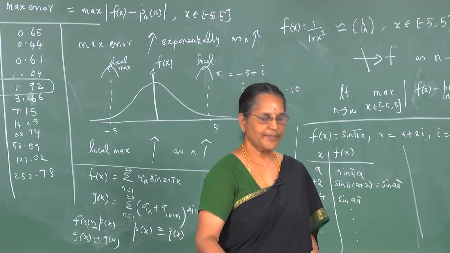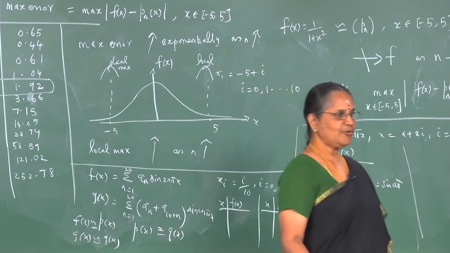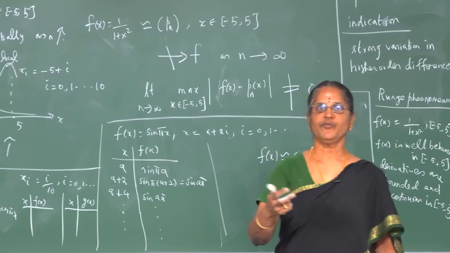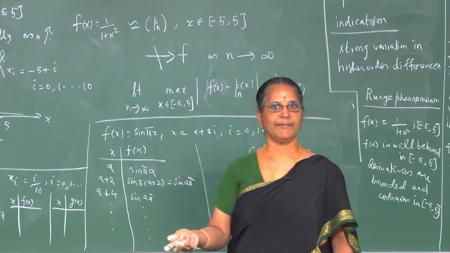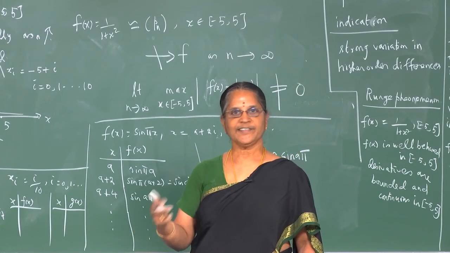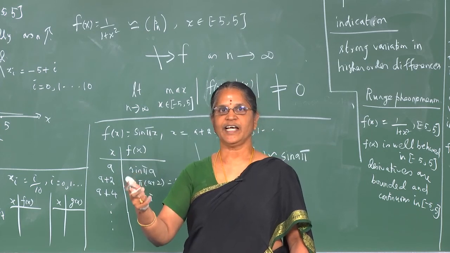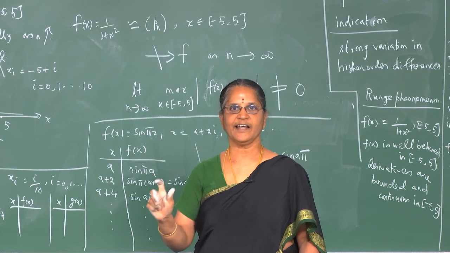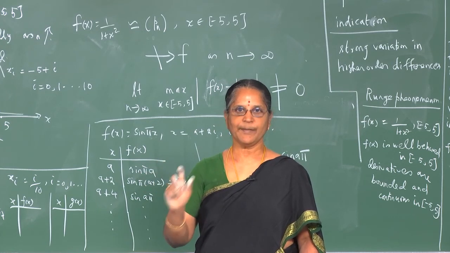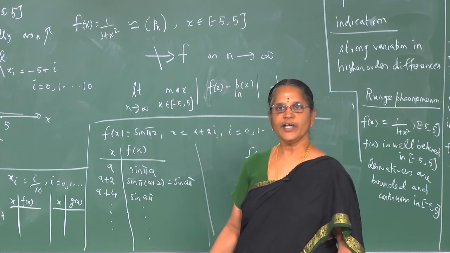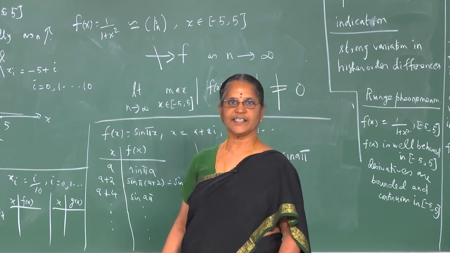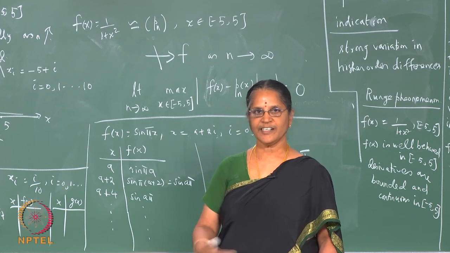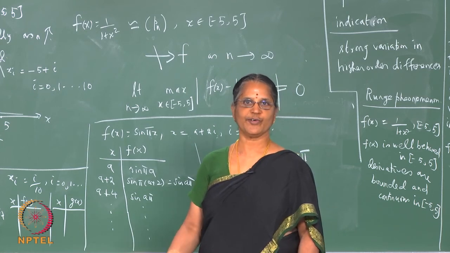Then thirdly, suppose say the table of values which are given to you are entirely from a few experimental measurements, then it is not possible to give an estimate of the total truncation error that is incurred in approximation. So in all these situations, we observe that polynomial interpolation is not reliable, is not useful to us.